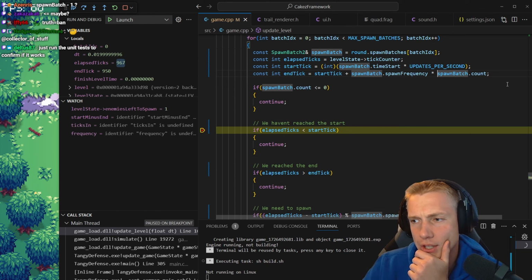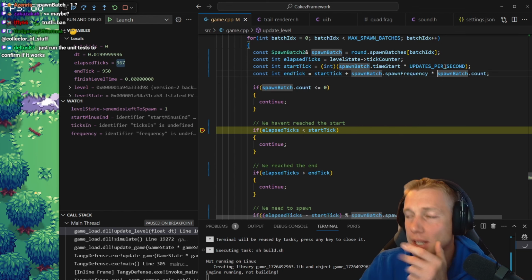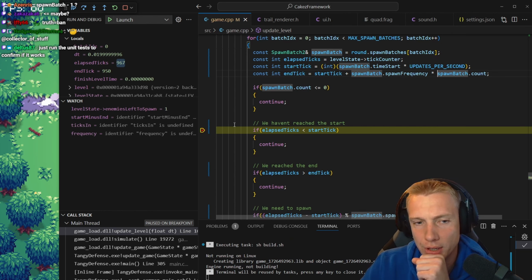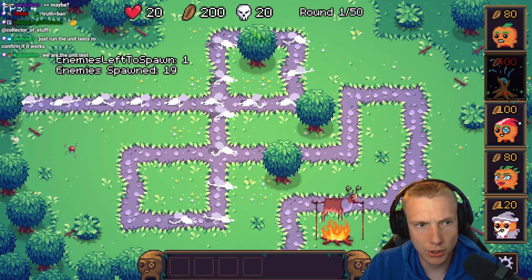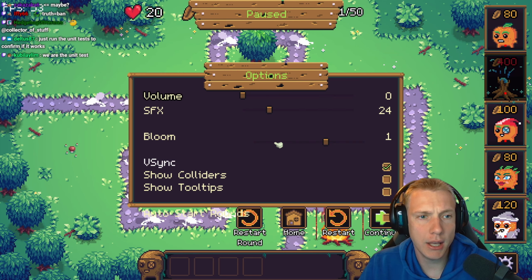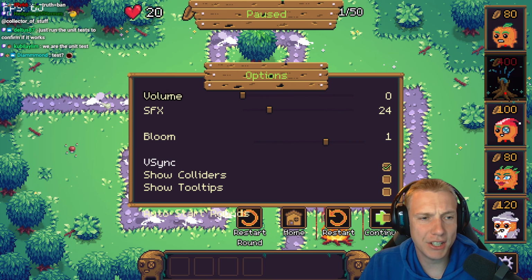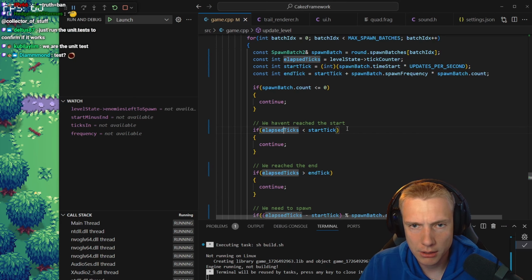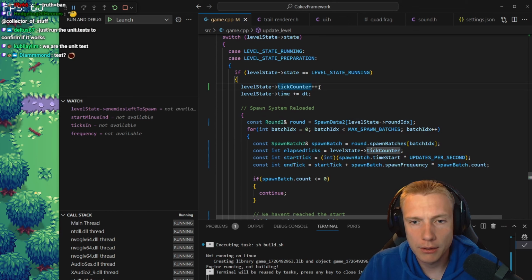Just run the unit test to commit if it works. Yeah, sure. I do that next time. Yeah, 100%. Yes, of course. And now I did. So I don't know why, but it doesn't spawn on the first tick. I know why.